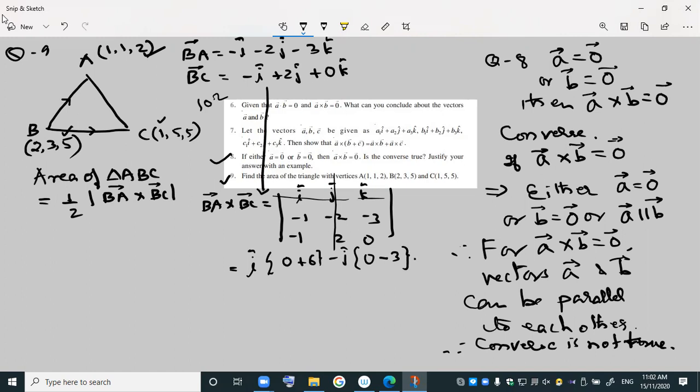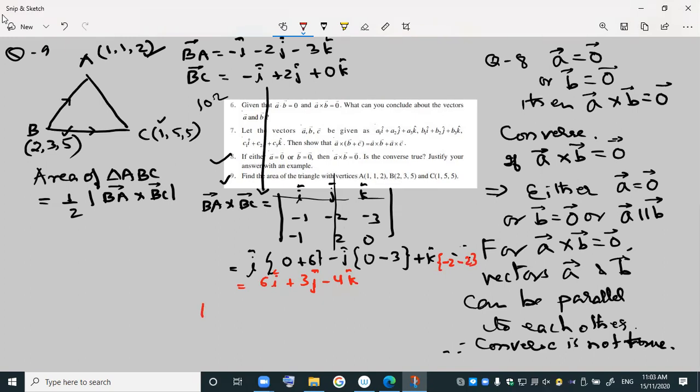Then k: -1 into 2 is -2, minus, minus 2. So this will become 6i plus 3j and minus 4k. And we need its magnitude.